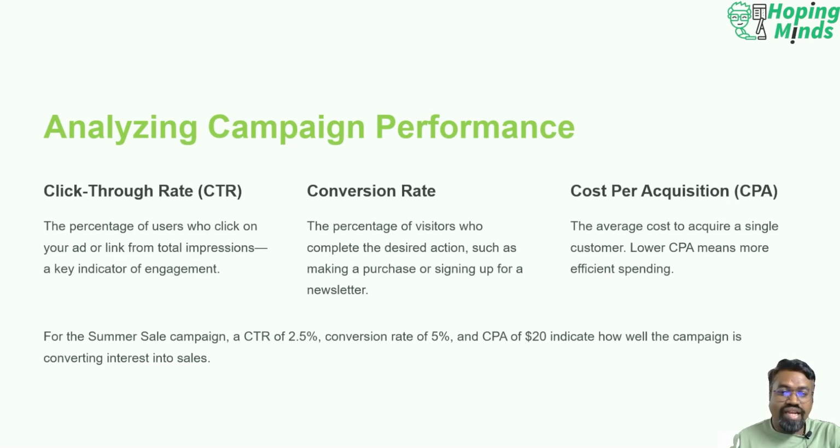I'll give you an example of a summer sale campaign where we are getting a 2.5% CTR, out of which we have a conversion rate of 5%, and let's say the CPA is $20. This indicates how well the campaign is converting interest into sales. Therefore, it is very, very important to know all these terminologies.